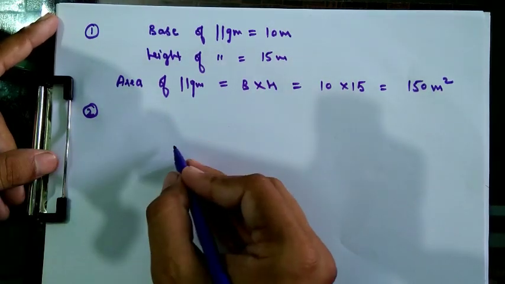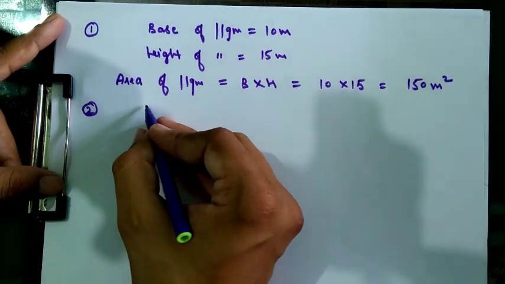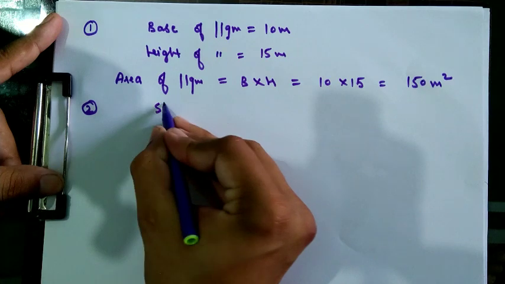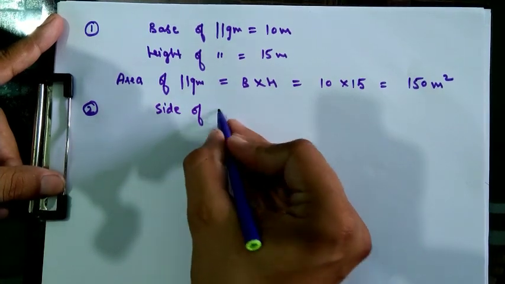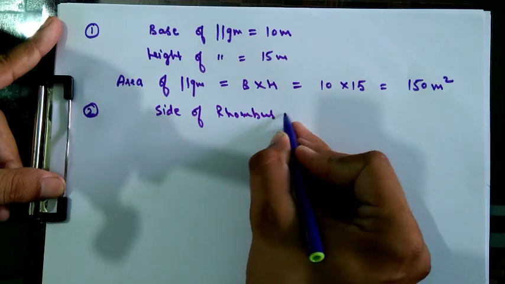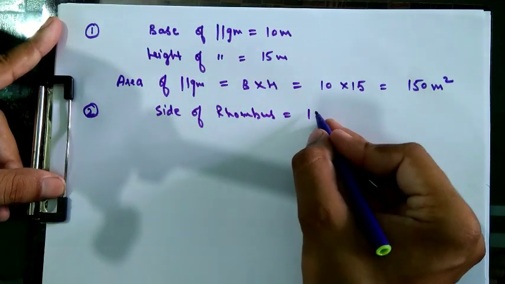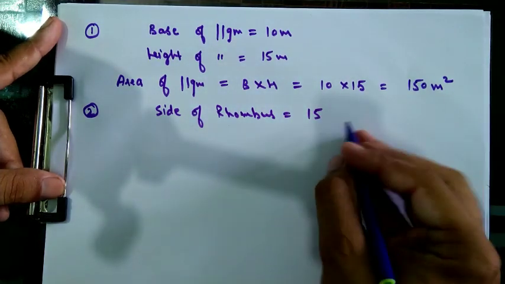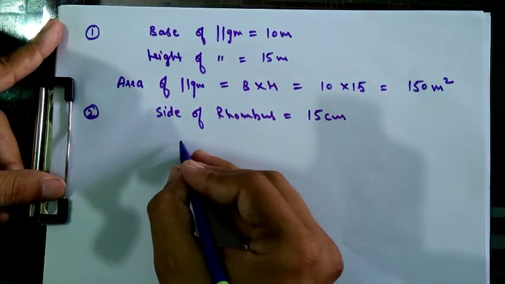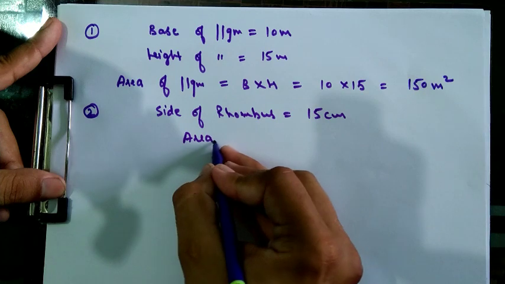Next, you have to find the area of a rhombus in which one side of the rhombus is 15 centimeter.